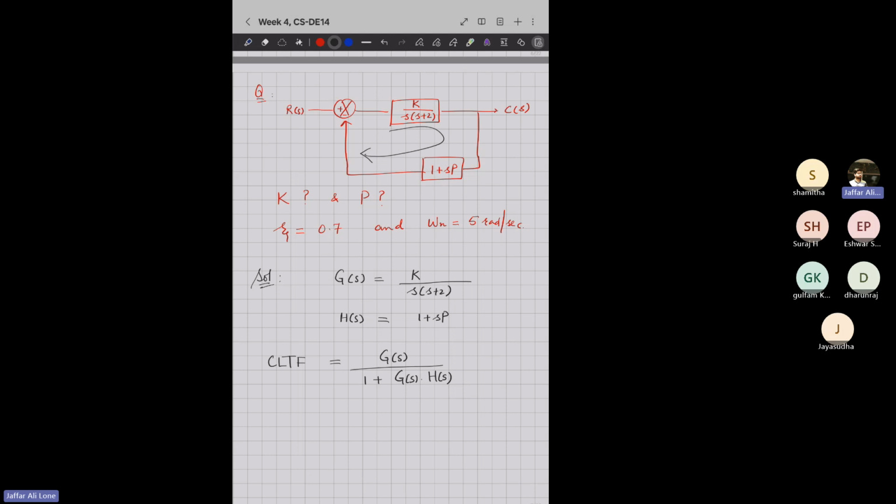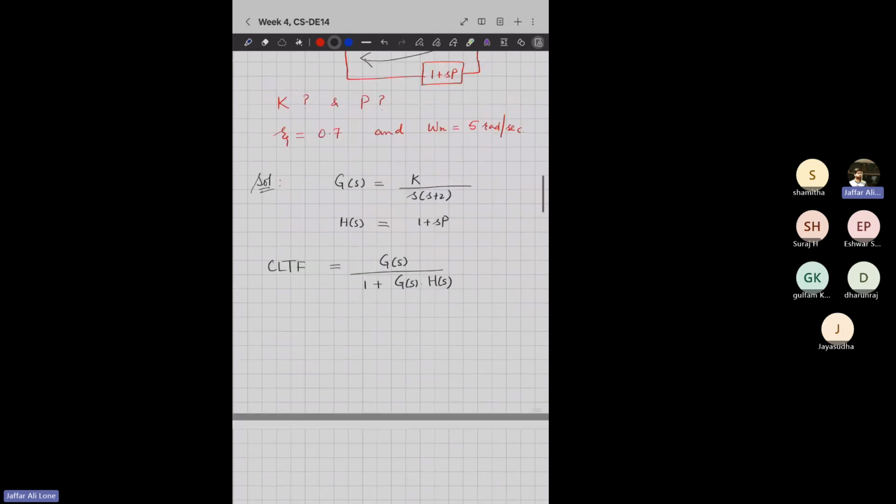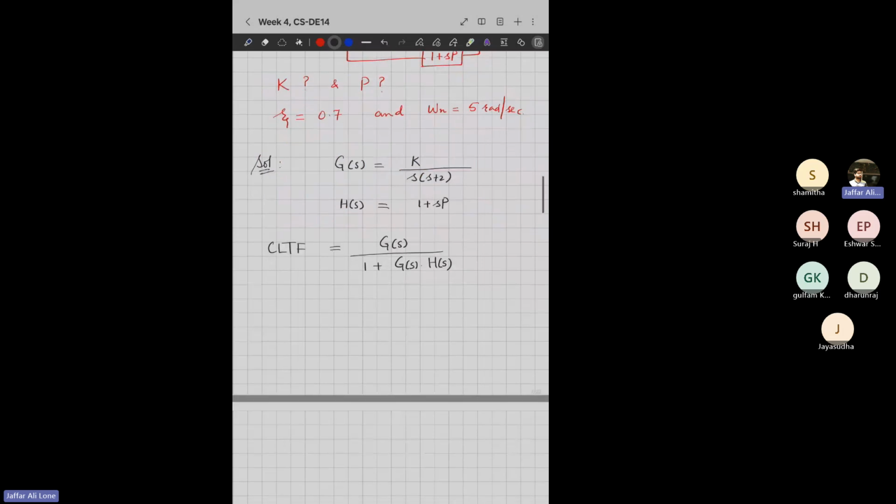When it is unity feedback, H of S was equal to 1. Now here H of S is not equal to 1, it is 1 plus SP. Now let's put in the values. So I will write K divided by S into S plus 2 whole divided by 1 plus K into S plus 2 into 1 plus SP.